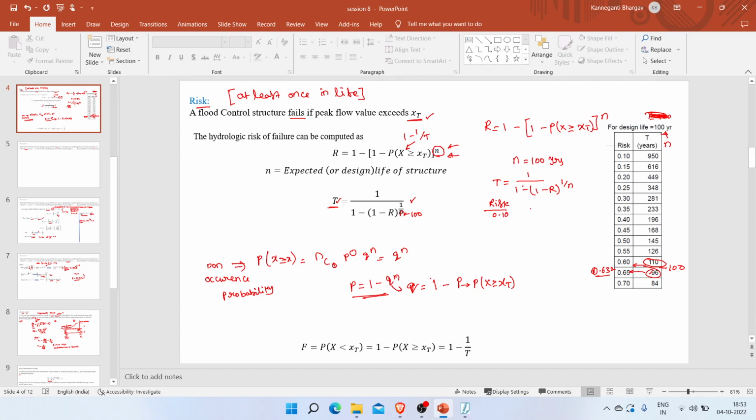In the next session I'll talk about losses in pipes, like major losses and minor losses. For the initial first 30 minutes I'll introduce the topic: the losses in the pipes, like loss due to enlargement, loss due to exit, loss due to entrance. All these formulas we'll introduce, and after that we'll see the two cases of pipes in parallel and pipes in sequence, and how we can get the losses.